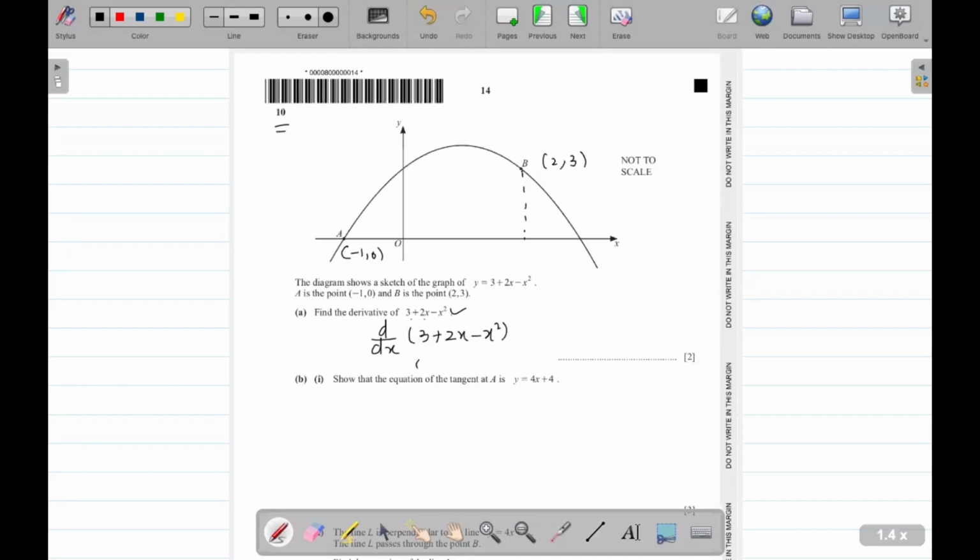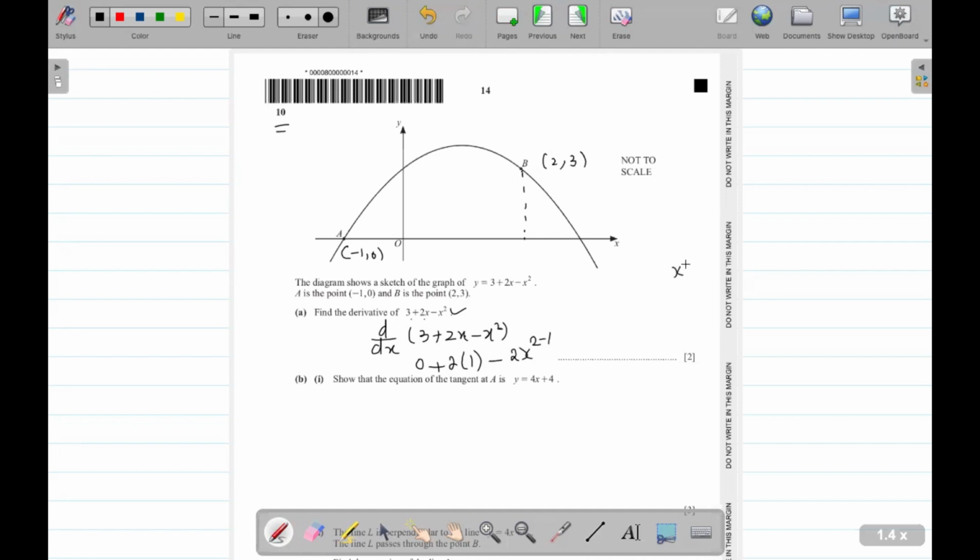The derivative of a constant is 0, and the derivative of 2x will be 2 into the derivative of x, which is 1. The derivative of x squared will be 2, we write as a coefficient of x, and we subtract 1 from the power 2 to get 2 minus 1.